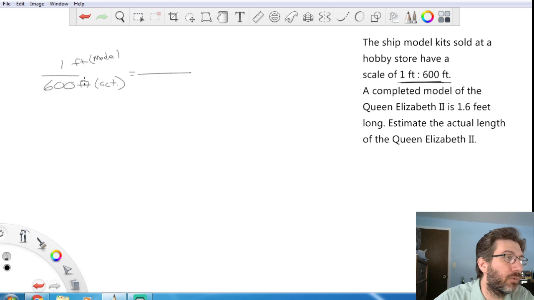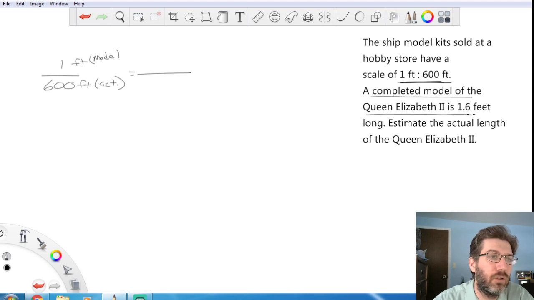And that's going to be equal to the ratio, and again, we're just pulling out the other one. The complete model of the ship is 1.6 feet. So the model is 1.6 feet here, and again, that's because this is a model, and this here is also a model.